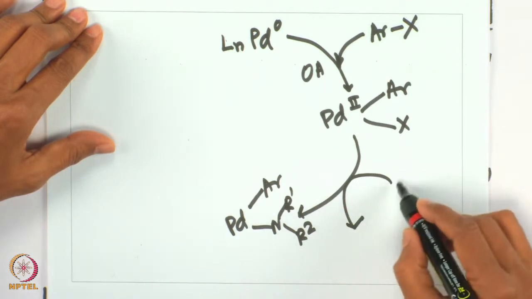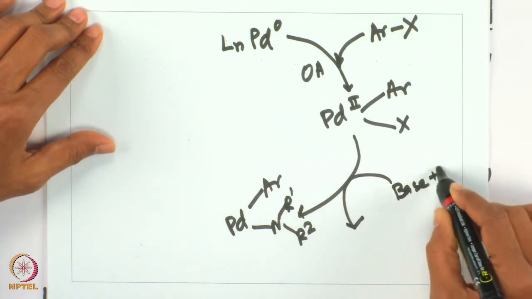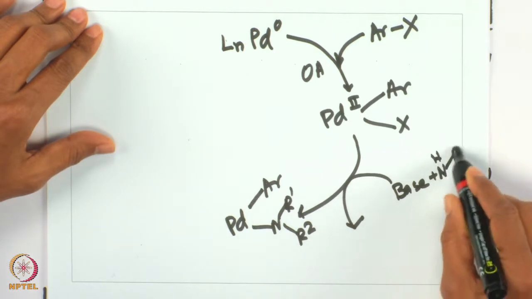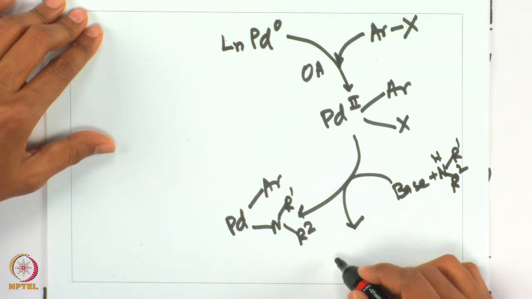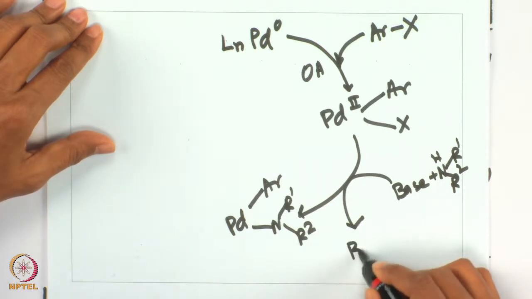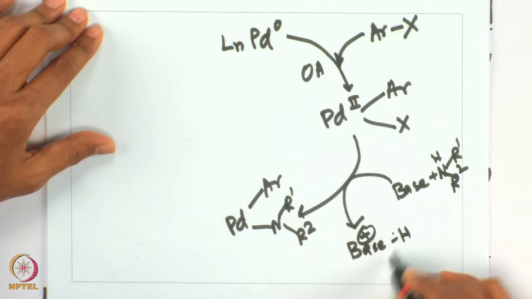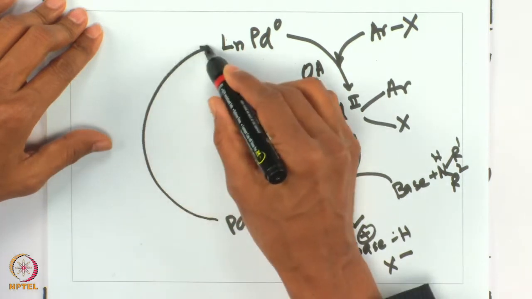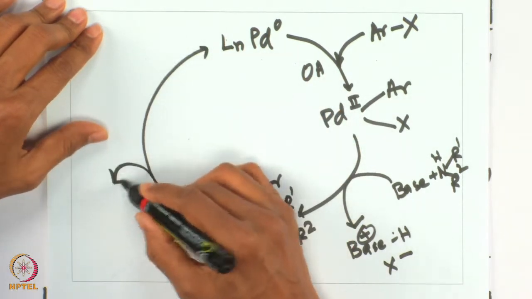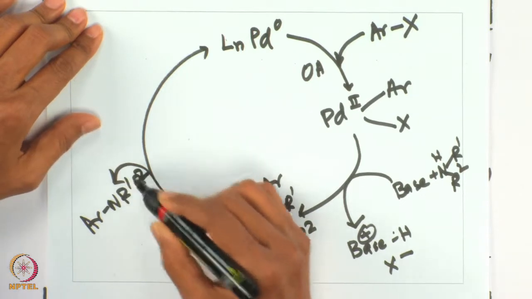Subsequently, in this step, of course, base and amine will come into the picture, H N R1 R2 to be precise, and we will get base plus H and then X minus, and from there we will see an overall catalytic cycle that is producing Ar N R1 R2.